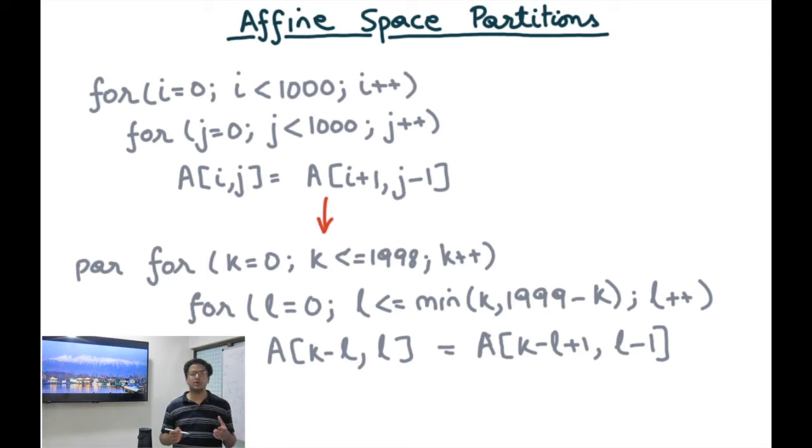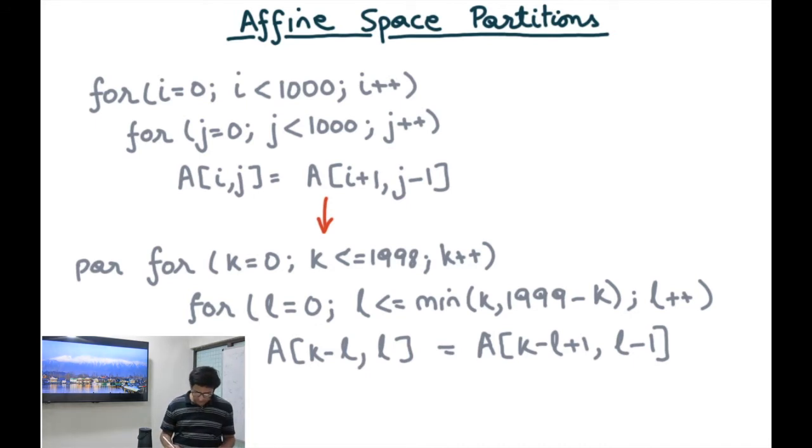We also talked about how it's not just about parallelism, but also about locality. By clustering all the dependent accesses in the inner loops, we reduce the reuse distance between data dependencies, and that improves locality.